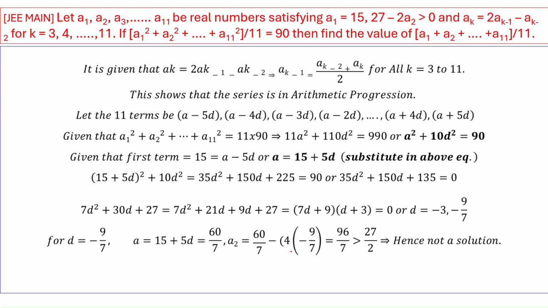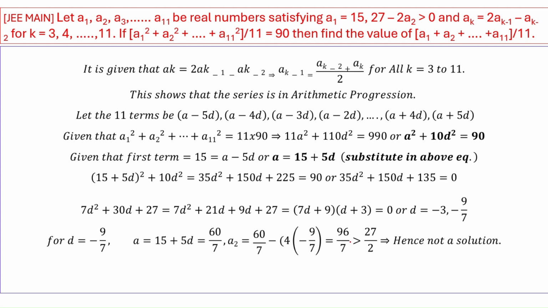So a2 equals a - 4 × (-9/7). This is the d value, right?